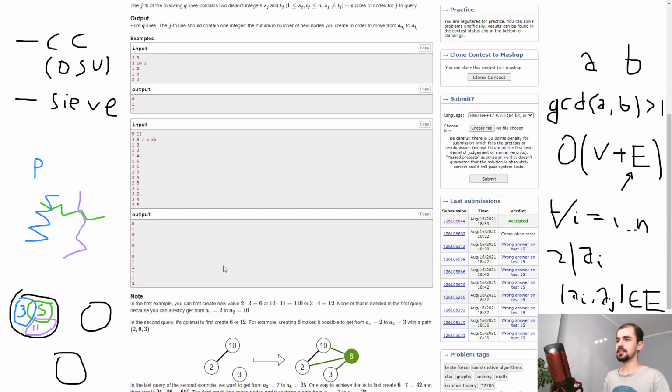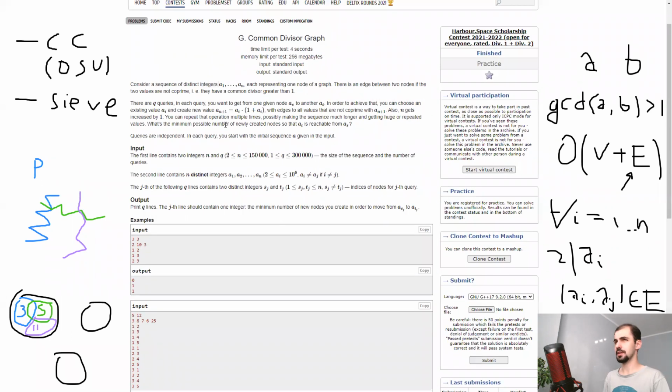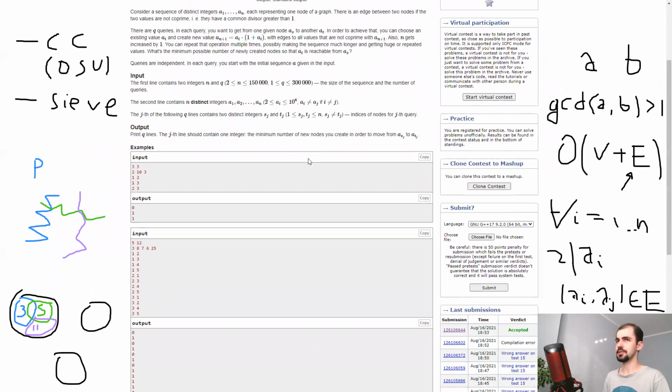Adding edges will connect to previous vertices in some way, right? Vertices are connected via prime divisors. So we want to focus on what are the new prime divisors of this number. One interesting thing is that this is co-prime with that, but we'll see if we can use it somehow.